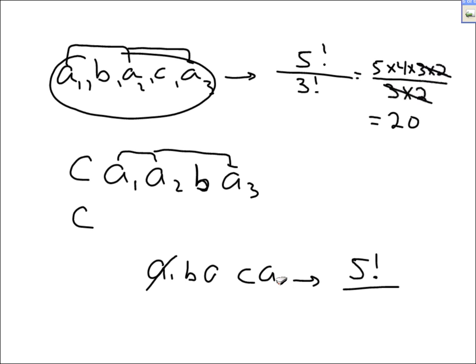We don't even need the subscripts. A, B, A, C, A. Okay, so we have A, B, A, C, A.